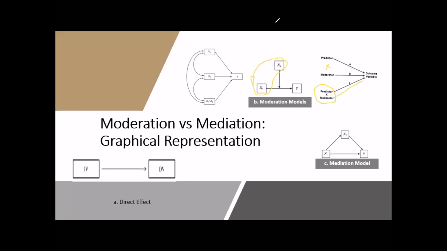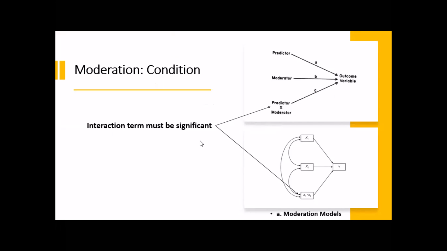When you find this interaction term significant and you find no significant relationship between predictor and moderator, this is an indication that this third variable is serving as a moderator between any two variables. In social sciences, the mechanisms become more complex. So when we develop our understanding about the role of any third variable between the relationship of two variables, it provides us some new insights into how a specific phenomenon might be occurring.